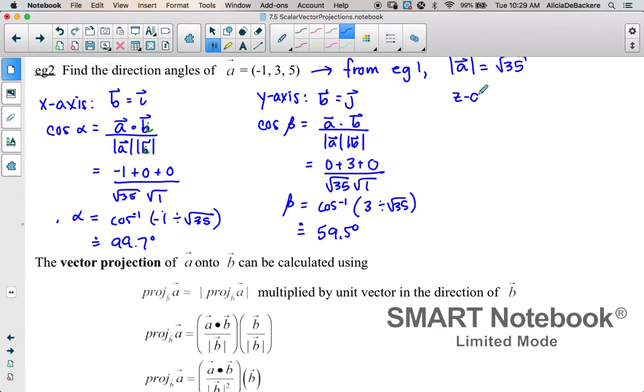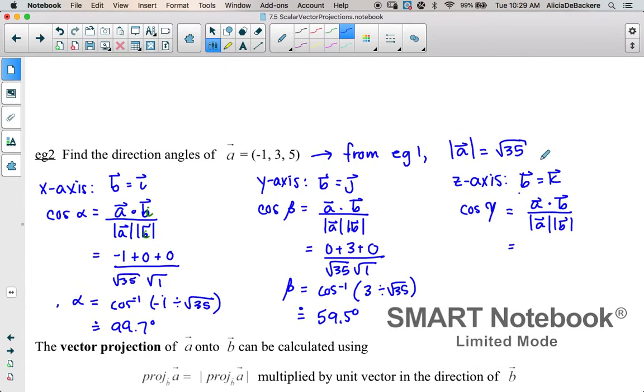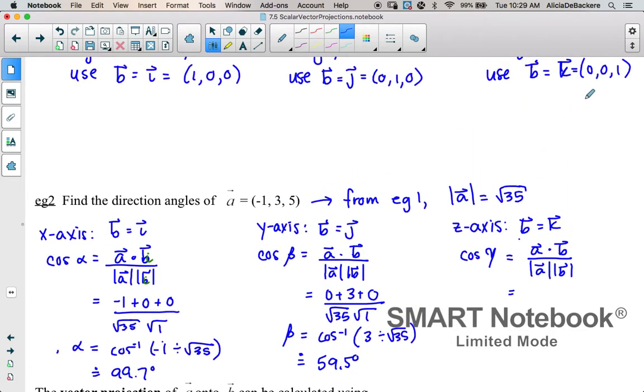And then last one along the z-axis. So this time when I do the dot product, I'm dotting vector A with vector k over here.